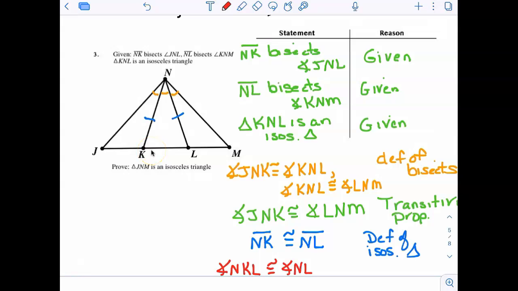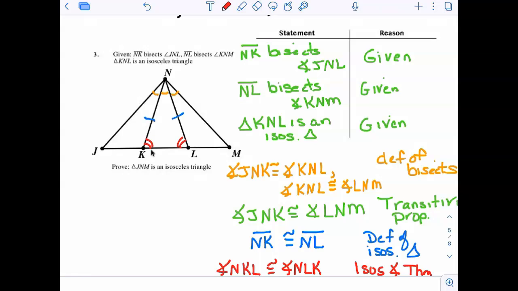And that would be our isosceles angle theorem, or the base angle theorem, however you want to write it. Okay, so let me mark that. So now we have this angle is congruent to this angle.